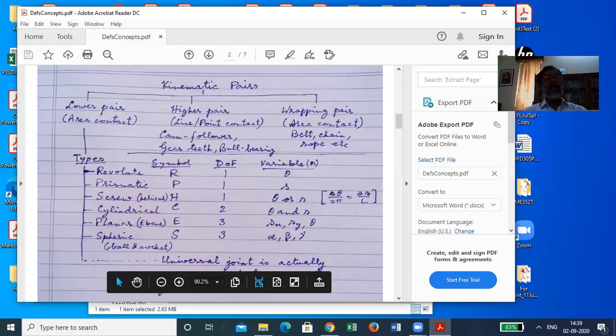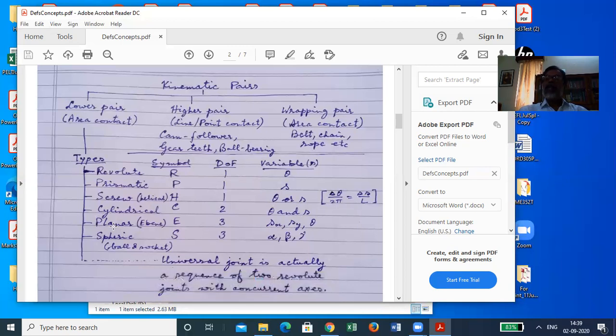there is a pair called planar pair. Okay. So one body in plane contact with another is capable of moving relatively along x, along y, and can rotate about an axis perpendicular to that plane. So basically, relative to that plane, this lamina has complete freedom.